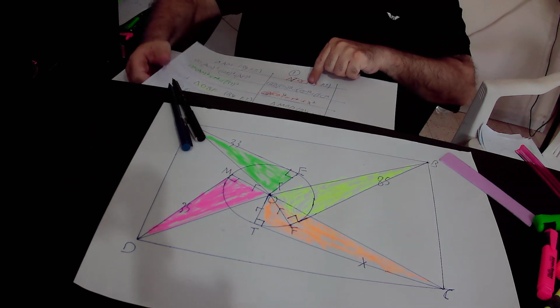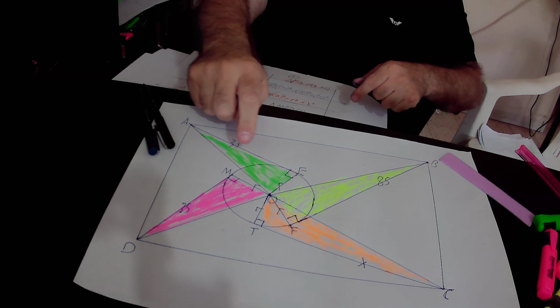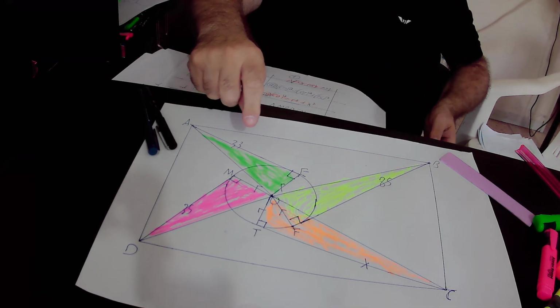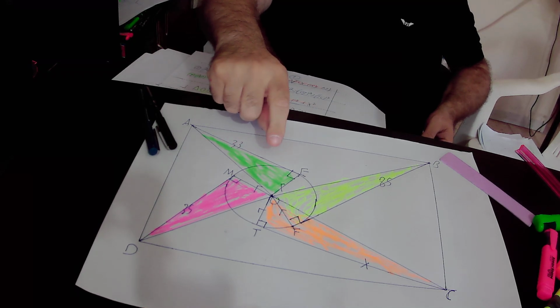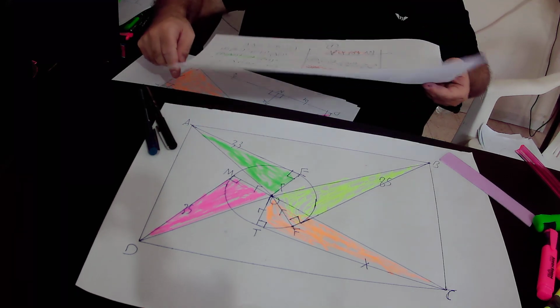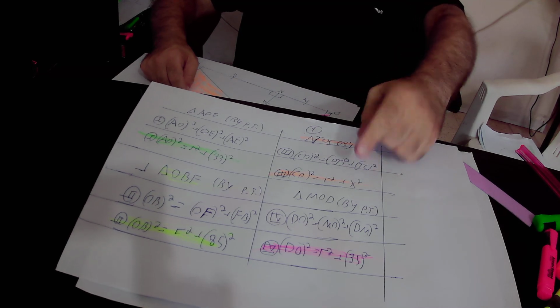Then we joined points O and D together by a straight line. We created the right pink triangle MOD. According to the Pythagoras theorem, DO square equals MO square plus MD square.